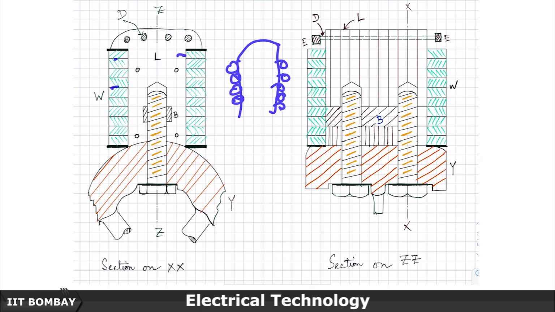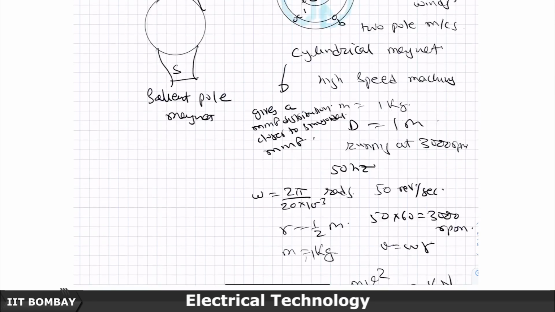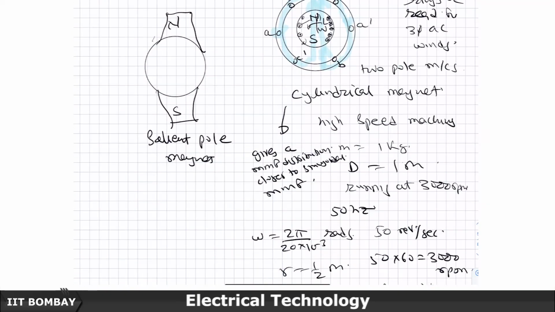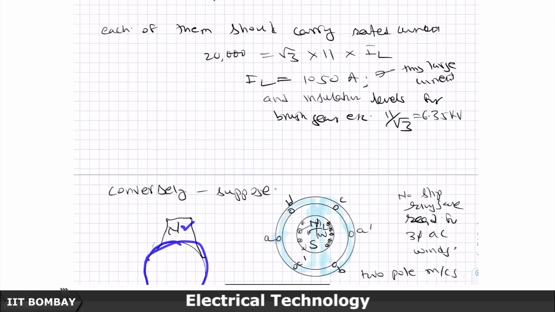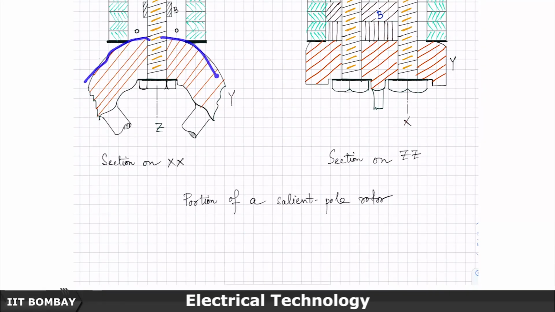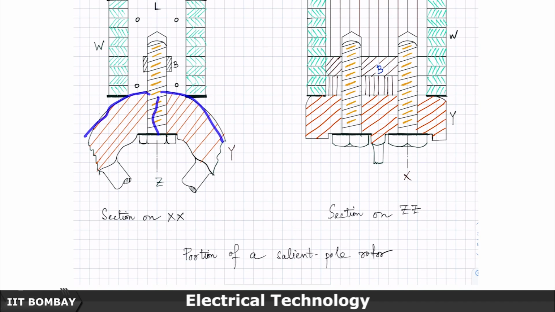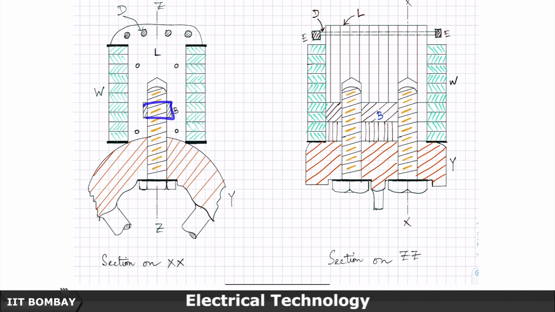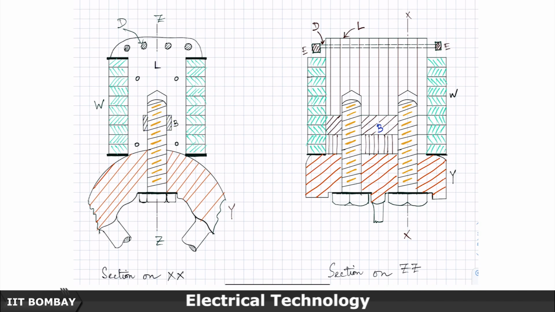W is the indication of your winding, and as I showed you somewhere, this pole is protruding from this rotating iron surface. So, it needs to be bolted, and to give it strength, a mild steel strip is connected here, and this is the corresponding side view.